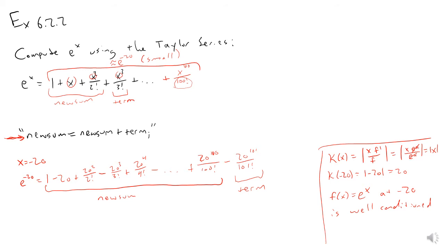So this is going to be a pretty small number. And I'm subtracting off 20 to the 101st over 101 factorial. That is also a small number. And the operation that's happening between these small numbers is subtraction.